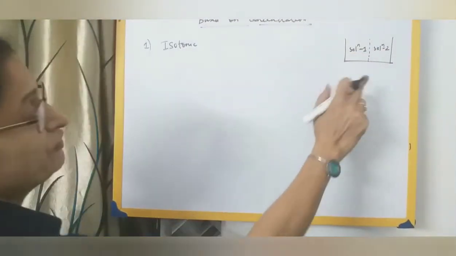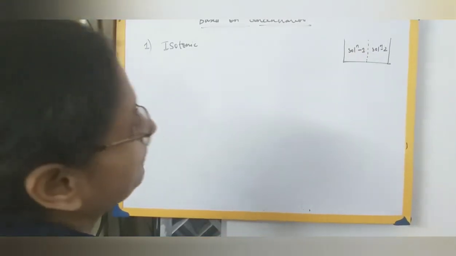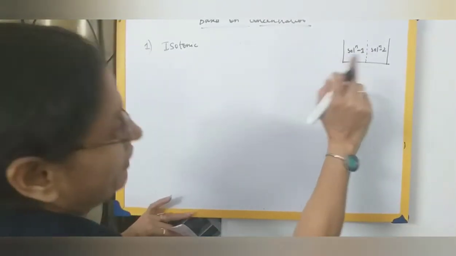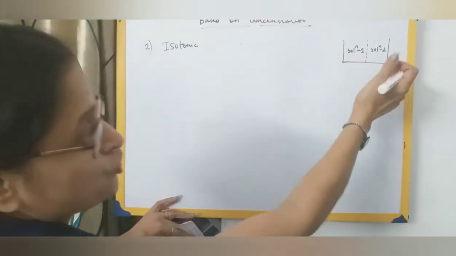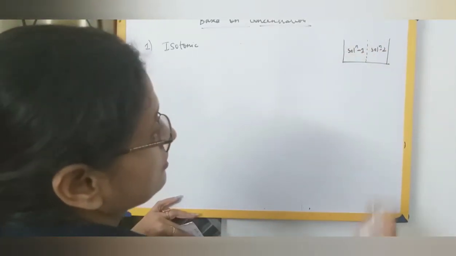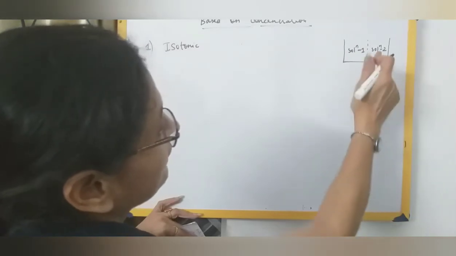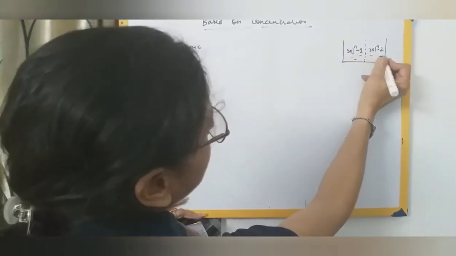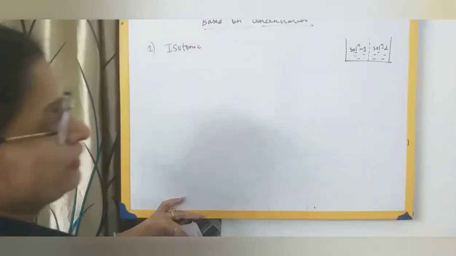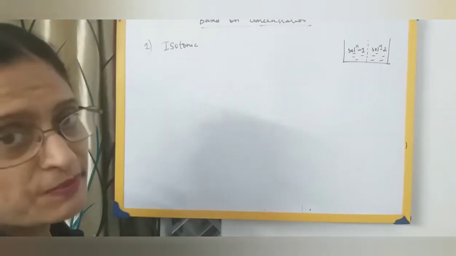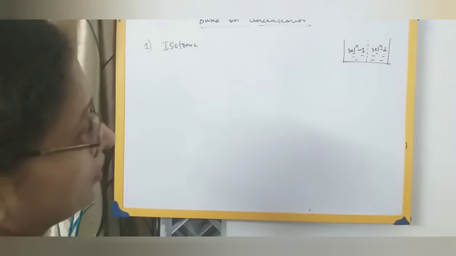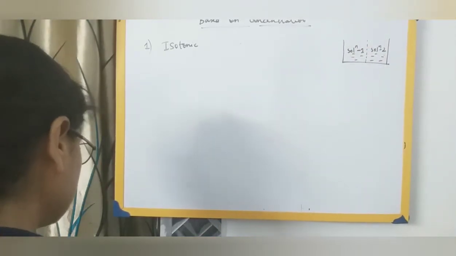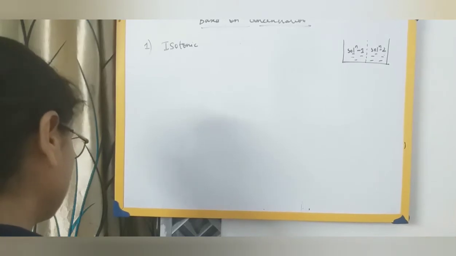Here, if the solutions have been separated by a perfect semi-permeable membrane, the solvent particles are supposed to move through the membrane, but if we find that the solvent particles do not move across this semi-permeable membrane, no exchange of the solvent particles takes place in this beaker, then such type of solutions are said to be the isotonic solutions.